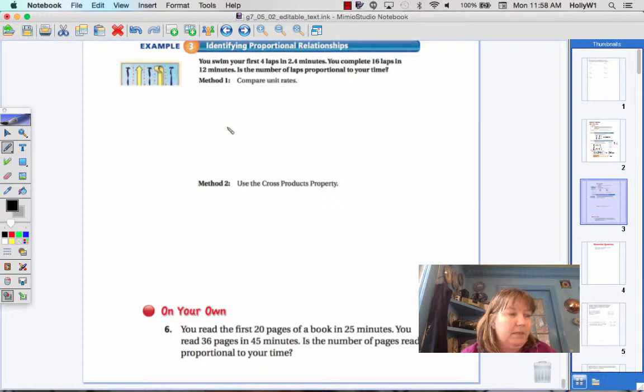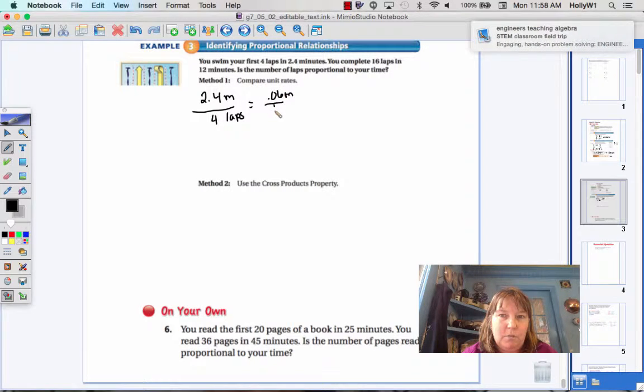Well, we can determine this by comparing the unit rates. So if I say 2.4 minutes and 4 laps, and I take the unit rate, I can get 0.6 minutes per 1 lap.